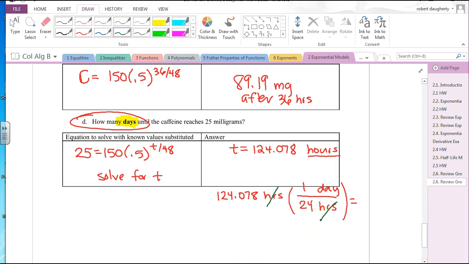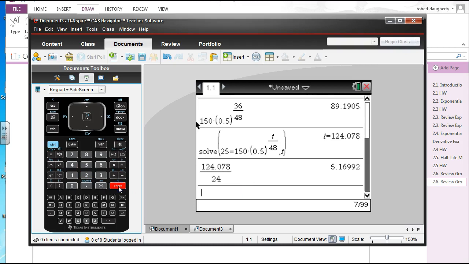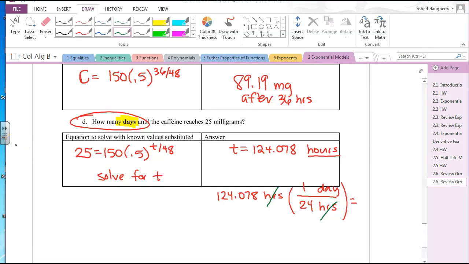So I just need to figure out what is 124.078 divided by 24. So 124.078 divided by 24 is 5.17. So that is about 5.17 days.